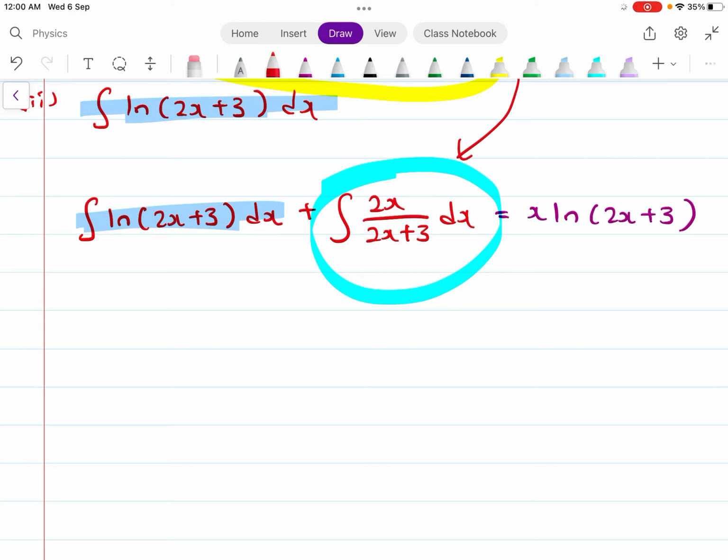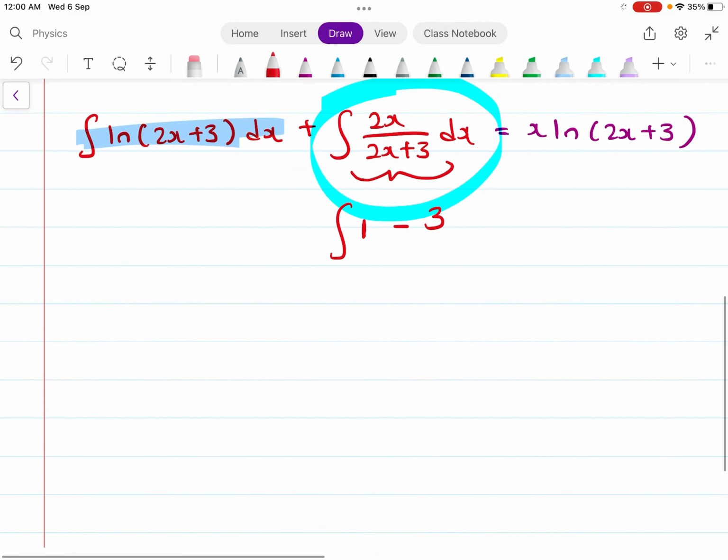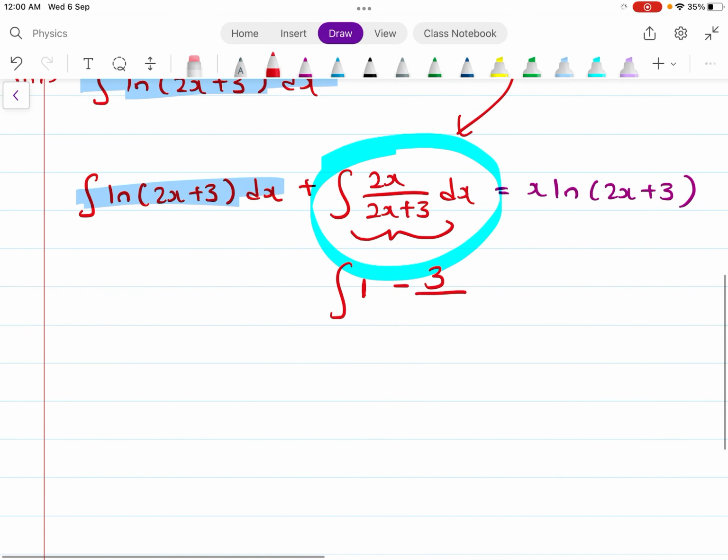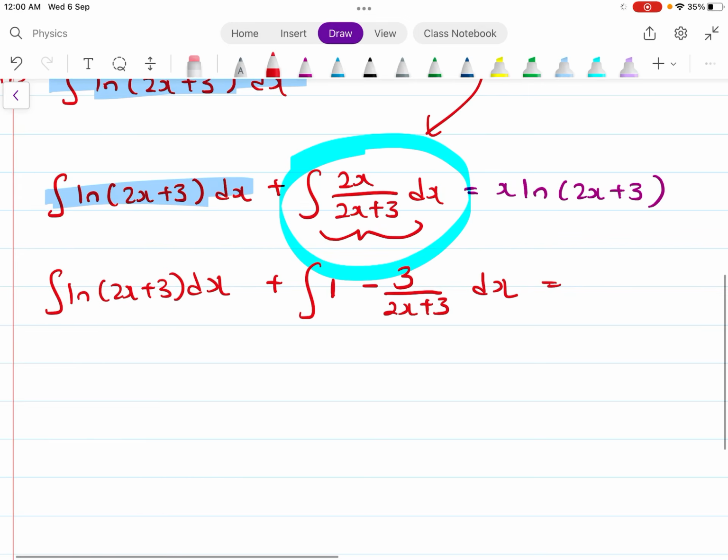So this thing here is actually the integral of 1 minus 3 over 2x+3, the whole thing dx. Okay, let me just write down the first one: the integral of ln(2x+3) dx is equal to x ln(2x+3), bracket.